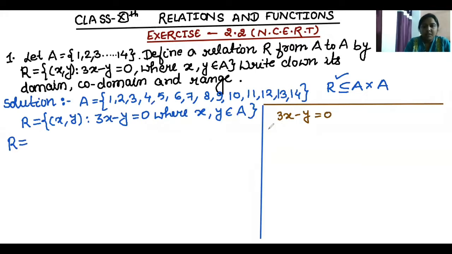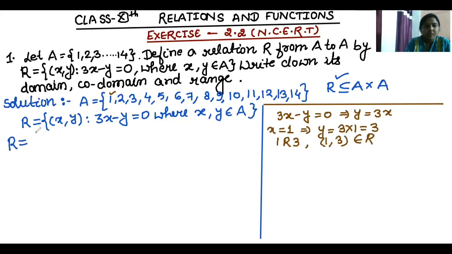One by one we will find out. When x equals 1, according to this, we can write y equals 3x. So the y value will be 3 into 1, so we get 3. So 1 is related to 3. Yes, 1 is there in A and 3 is also there. So we can write (1, 3) belongs to R, which means (1, 3) will be the first element.